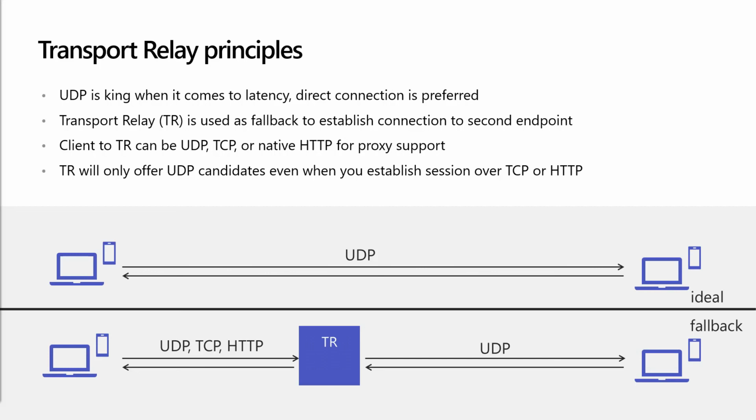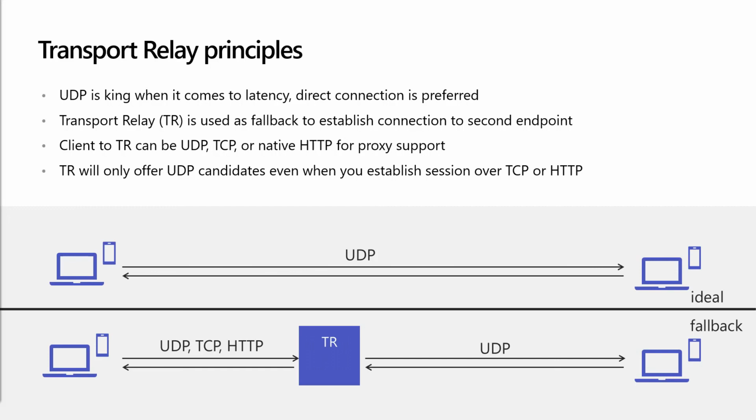However, in situations like in the bottom diagram, where somebody cannot use UDP, they may have to use TCP or HTTP, and the transport relay can translate between TCP and HTTP and UDP. So depending on what you're allowed to do on one side of a network versus another dictates what the transport relay is going to receive.